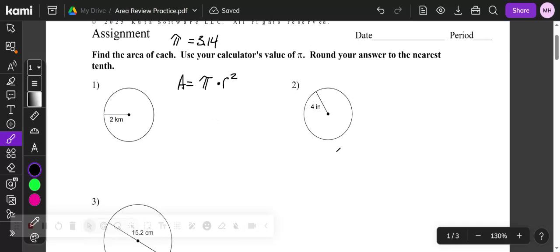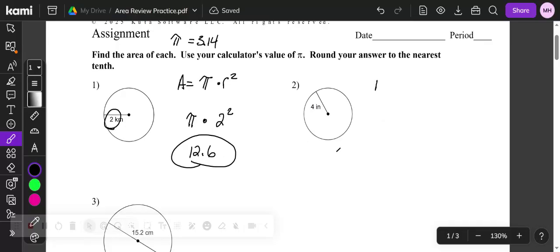Okay? So let's do pi times the radius, in this case, 2 squared. So pi times 2 squared is 12.56, or we could say 12.6. If you get a slightly different answer because you use 3.14, that's okay.